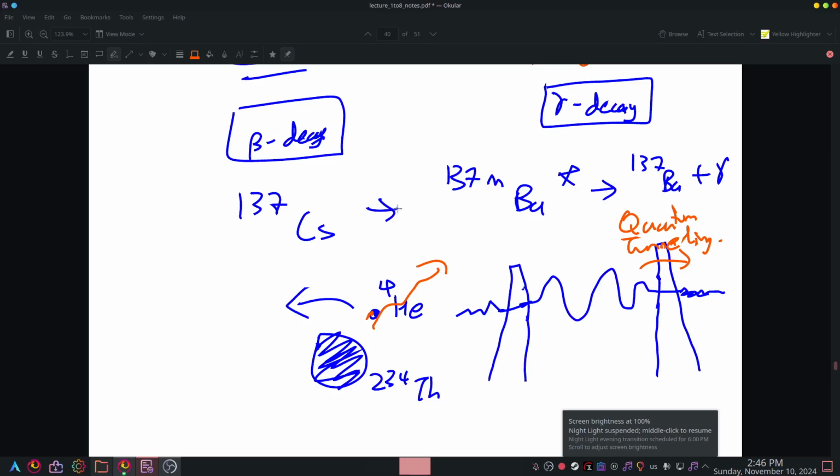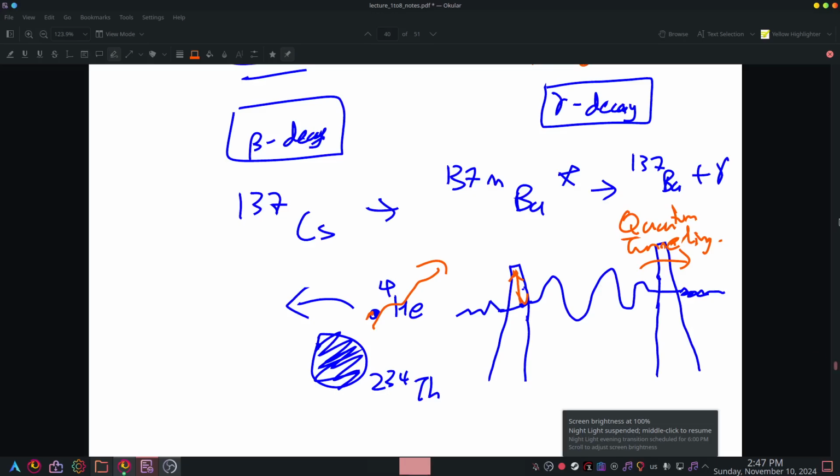This is because there's a finite barrier here, so it's not infinite. If the strength of the barrier is not so high, the wave can leak through. If the strength of the barrier is weaker, there's a higher chance that this particle will leak through because it will not be able to contain the probability wave as well.